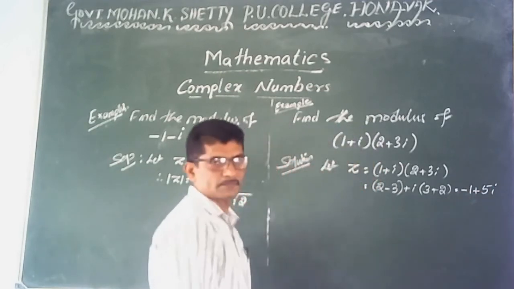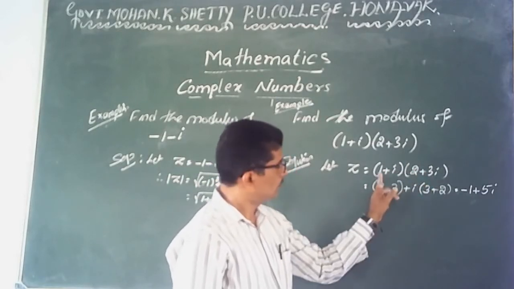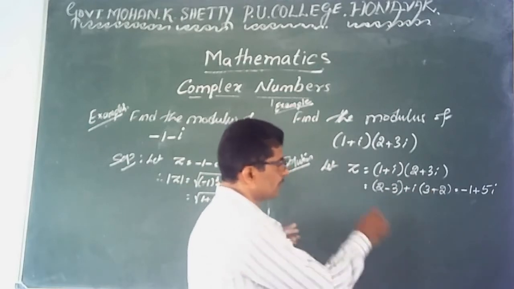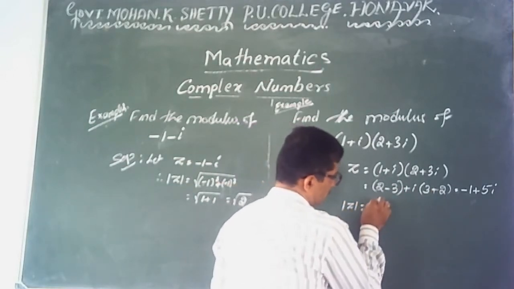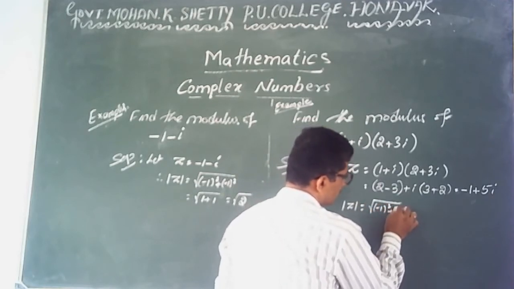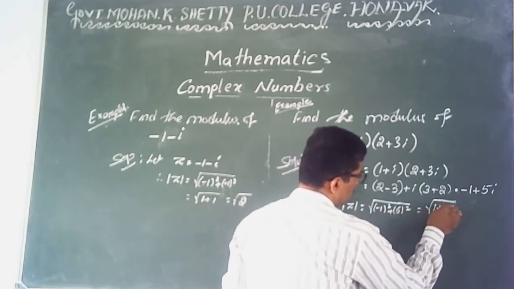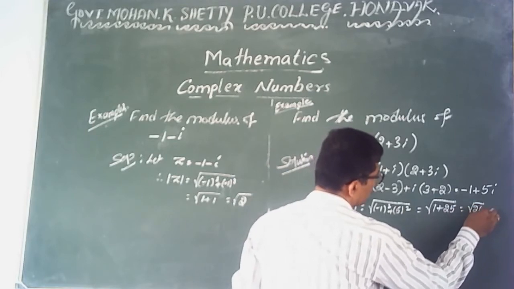It is clear. 1 into 2, 2 minus 1 into 3; 1 into 3 plus 1 into 2. You get its values. Therefore, modulus of z is equal to square root of minus 1 square plus 5 square. This value is root of 1 plus 25. Its value is equal to root 26.